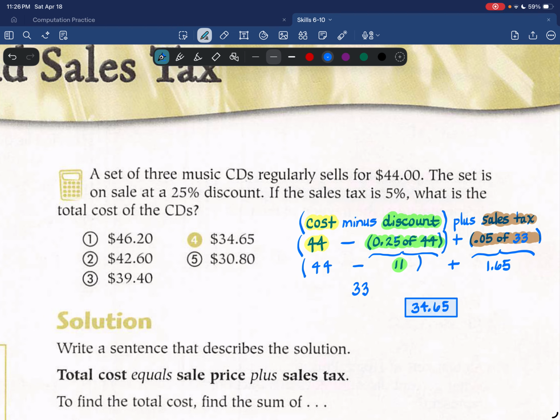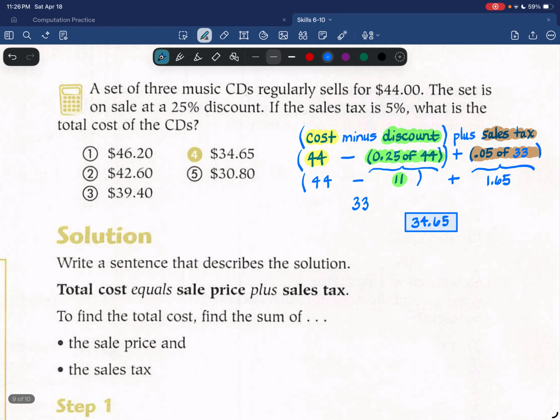So let's look at their example and see, you might like that method better. Write a sentence that describes the solution. Total cost equals the sale price plus sales tax. To find the total cost, find the sum of the sales price and the sales tax.